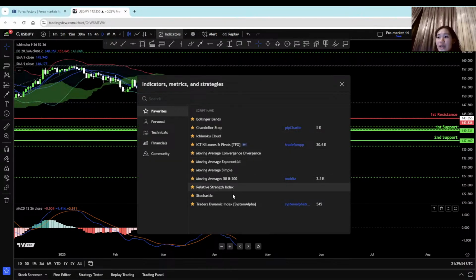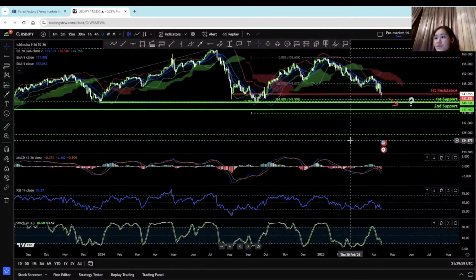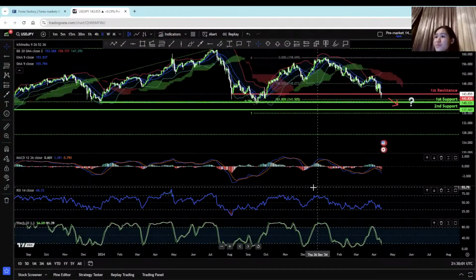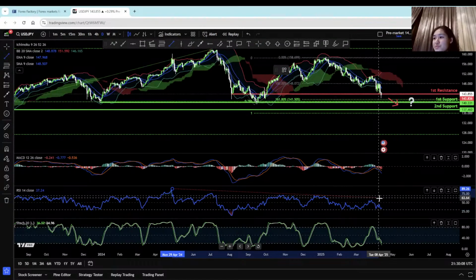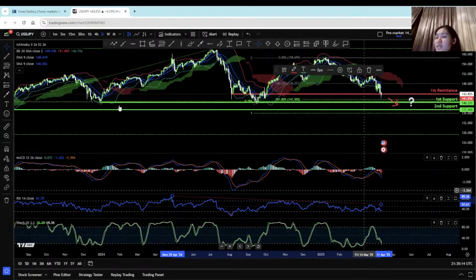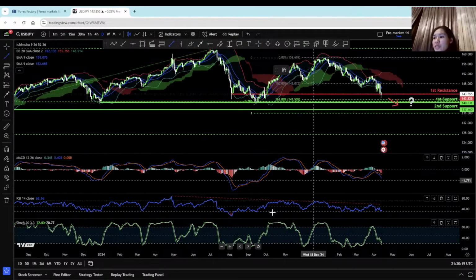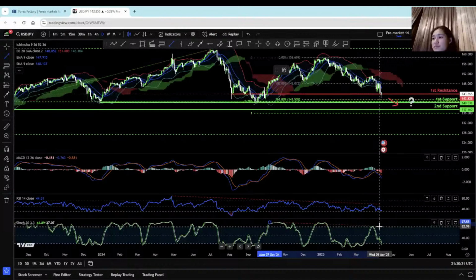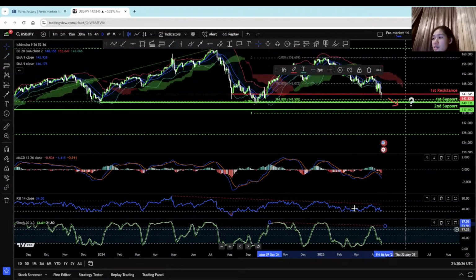Let's also look at RSI and stochastic. Okay, RSI, you can see prices are moving in this descending trend line. I don't think we have the same trend line here. Not really, because it's cutting that.